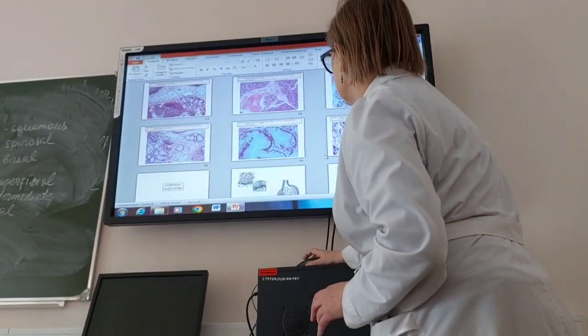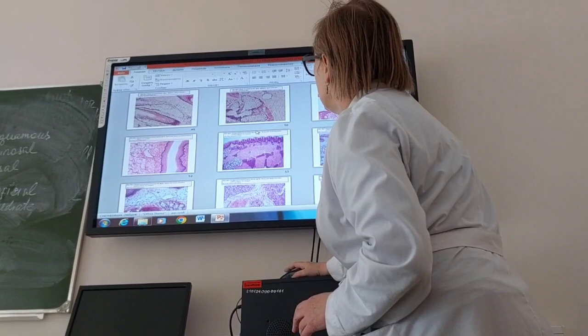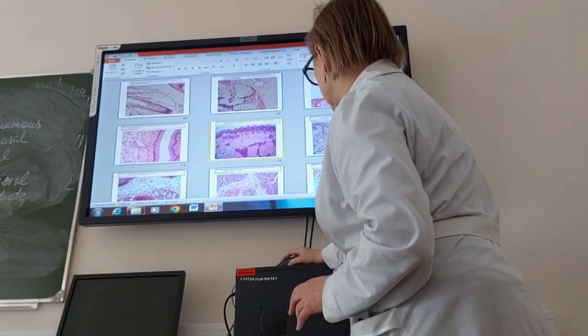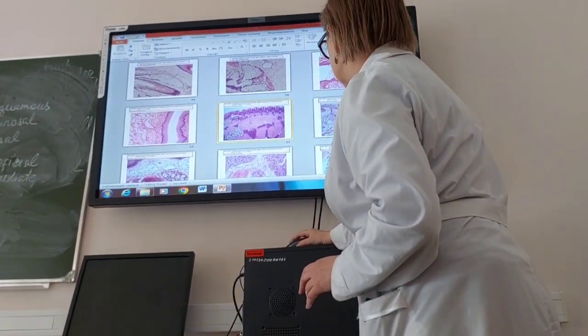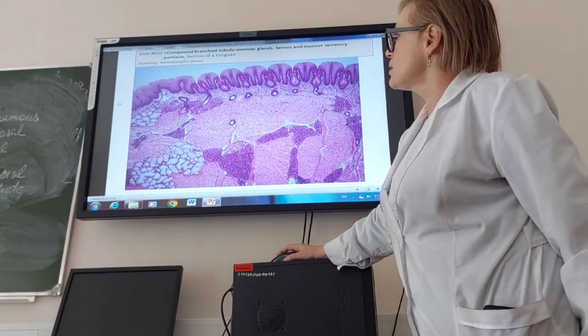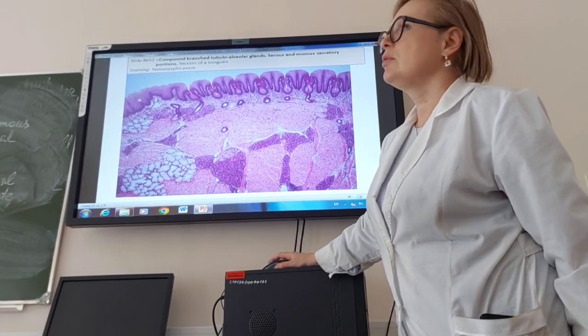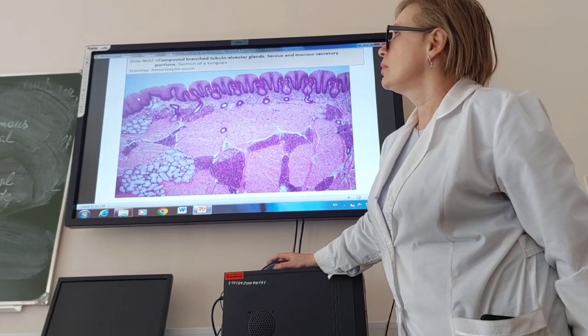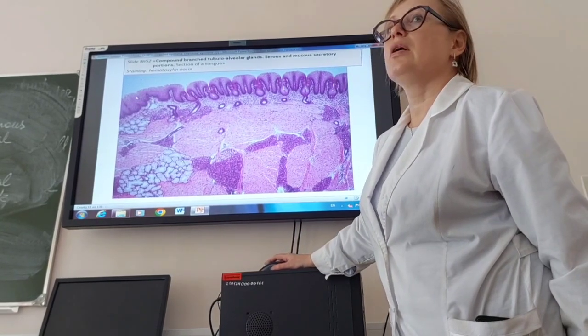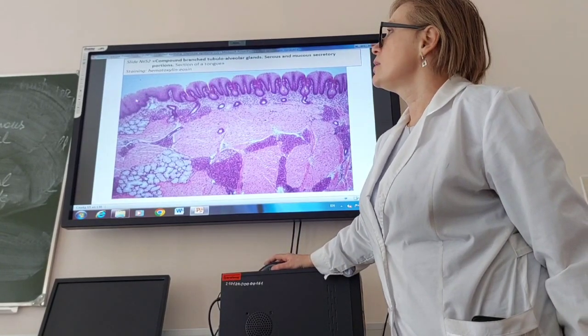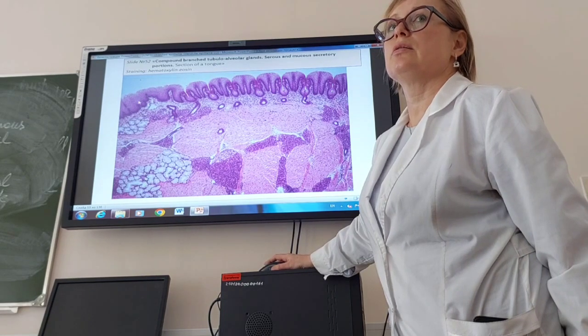Let's do it. For example, let's look at the tongue. This is tongue. Tongue is covered with what type of epithelium? Here. Simple or stratified?